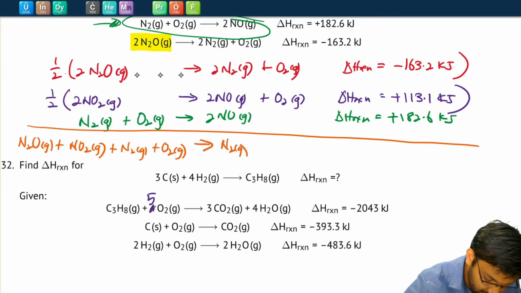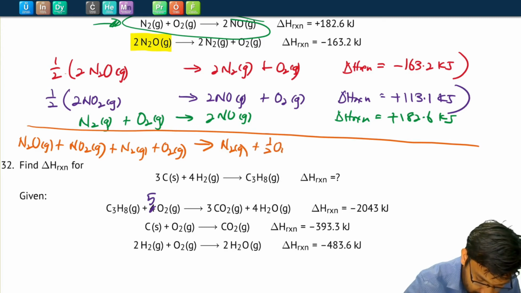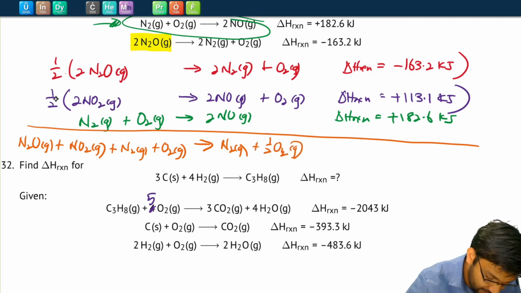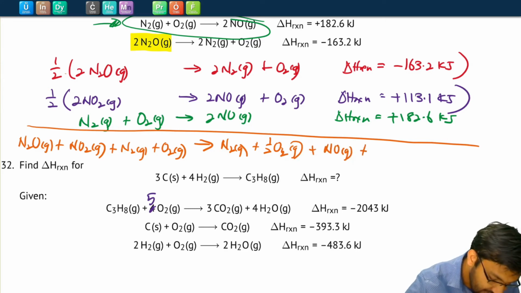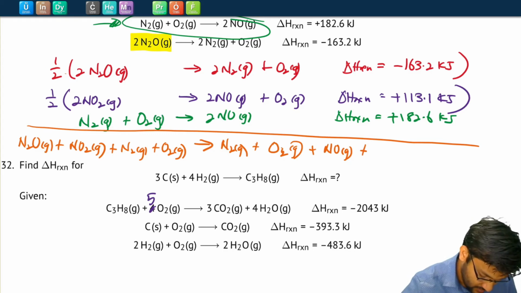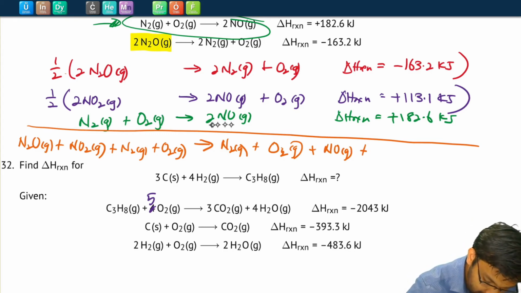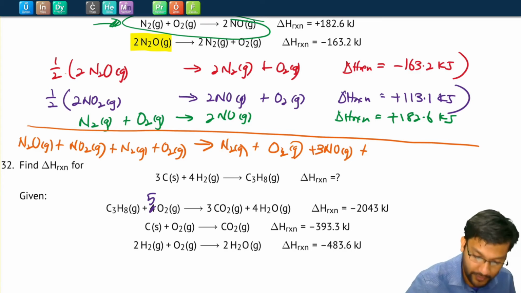We have half of an oxygen, so that's half oxygen gas. We have half of 2NO, so that's just 1NO gas. Half of an oxygen, we add this to the other half of this oxygen to make it 1 full oxygen. And we have 2NO. So 2NO plus this 1NO gives us the 3NO that we're looking for.